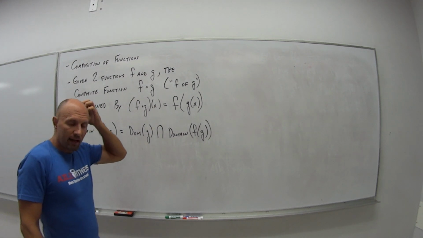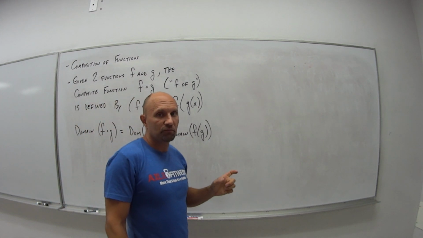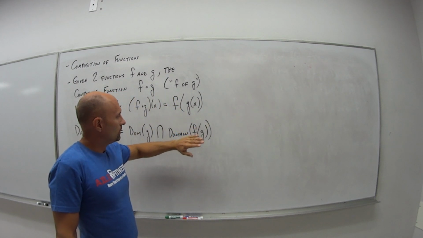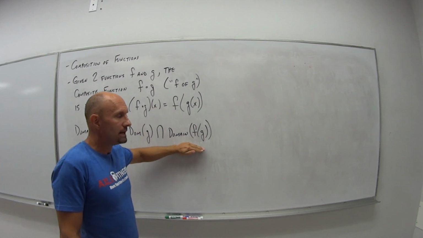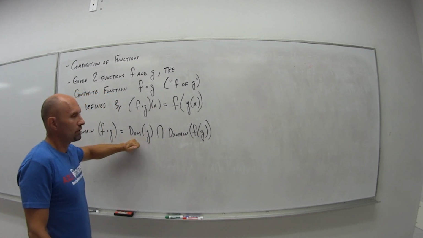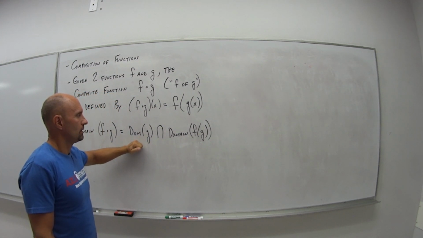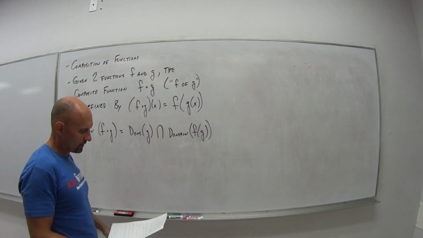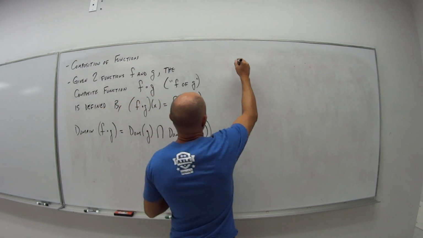So if I have to find the domain of a composite function, first I need to find the composite function, determine what that domain would be, and then intersect it with the domain of g. So it's the final function plus the function g itself. That's what I'm trying to find the intersection of.